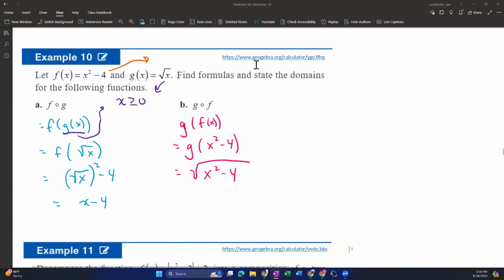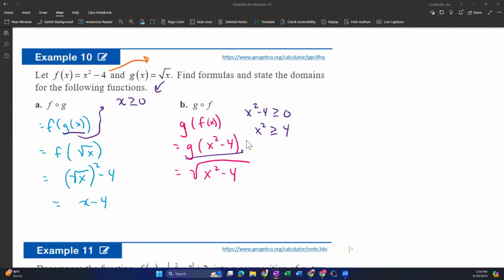So as we go through things, x should only be greater than or equal to 0 the farther that we go down, and that's why we saw x only starting at 0 when we were looking at this one. And we get a different domain consideration once we plug in x squared minus 4 into g over here. So that square root consideration comes in when we apply this. And in that case, we want x squared minus 4 to be greater than or equal to 0, which gives us x squared greater than or equal to 4.